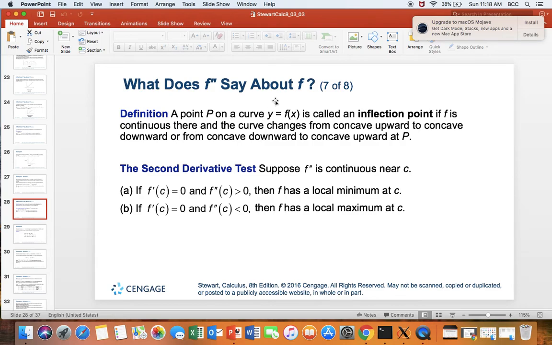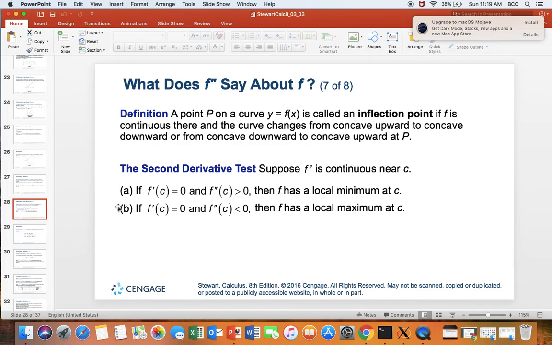Continuing, we want to understand how f double prime helps in our understanding of f. Okay, so the second derivative test. Suppose f double prime is continuous near c.